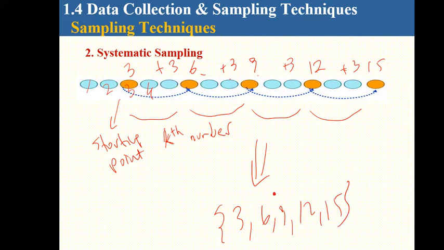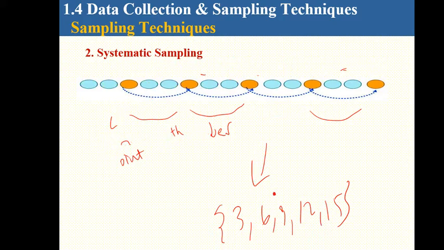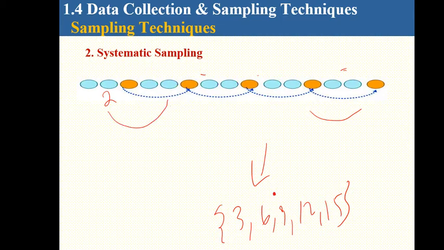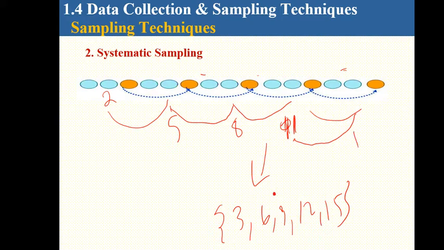What I also want to emphasize is that you can start from a different starting point. If you choose a starting point like 2, it will go 5, then 8, then 11, and from 11 it will go to 14.